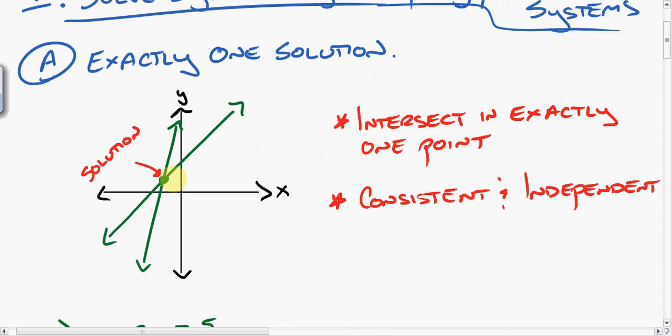Exactly one solution is independent, just like a person is independent because they like to work as one on their own. That's how I remember it. If you have a better way, by all means, if it works for you, use it. You're just going to have to memorize what consistent and independent are and when to use them.